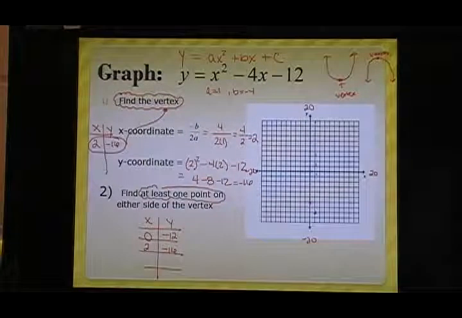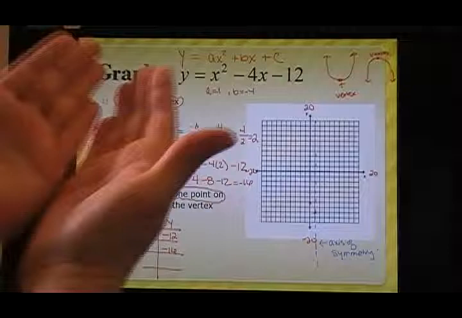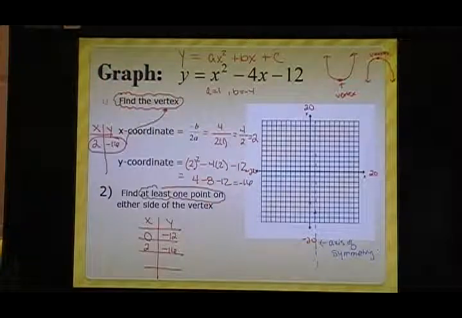When we're dealing with parabolas, the axis of symmetry is always a vertical line that goes through the vertex. This is called the axis of symmetry. Our parabola would be symmetric on either side of that.